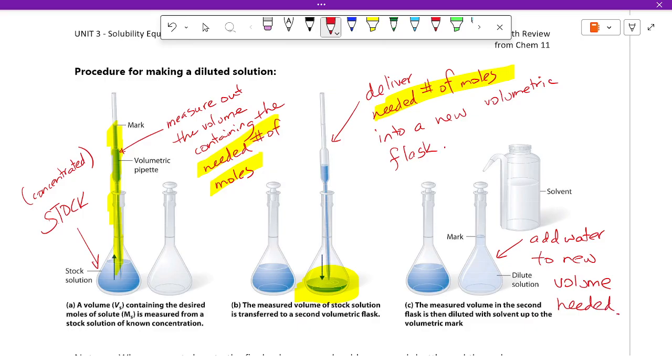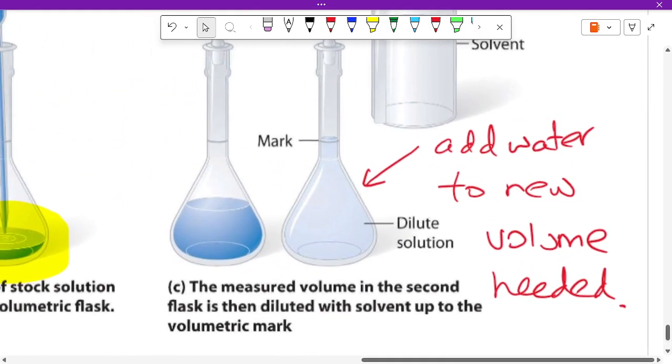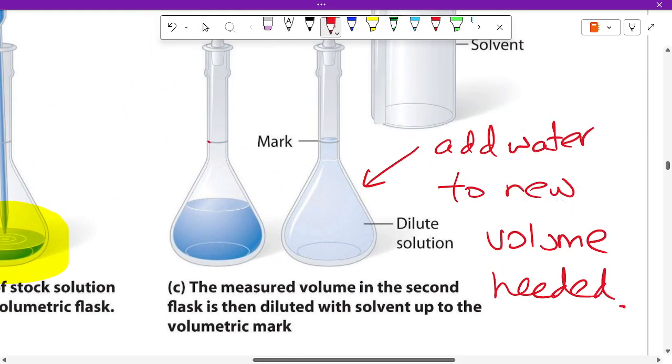Okie dokie? Is good? Okay, excellent. Now, on this device, we've got a mark here. That mark should correspond with whatever we want our final volume to be.